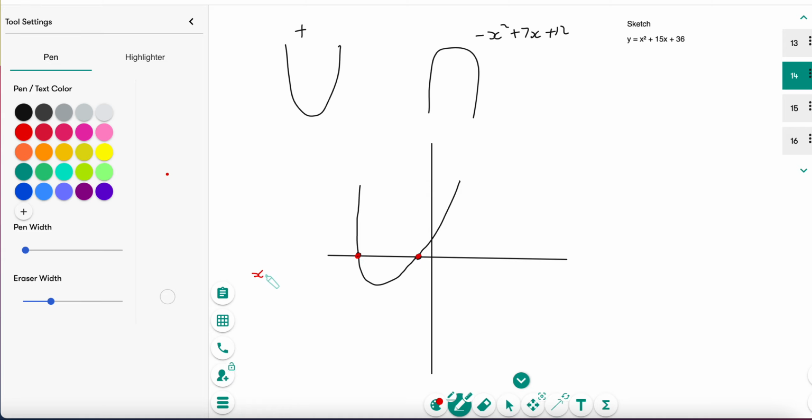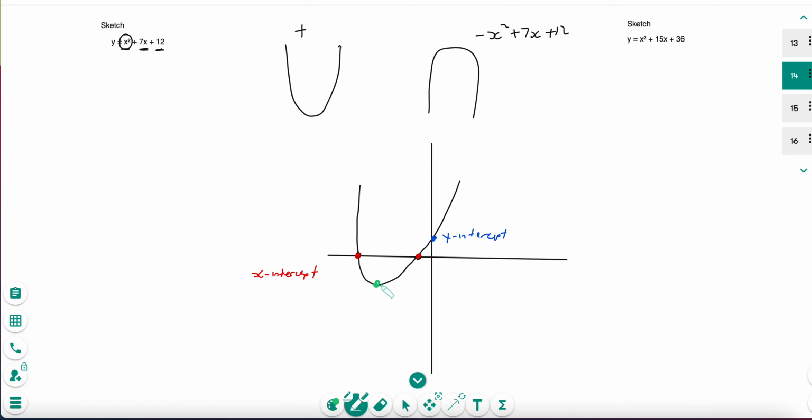We have to know where it crosses the y-axis, so the y-intercept. And the last thing is the vertex, or the turning point, or the minimum or maximum point. So we have to find these three things in order to sketch the graph.